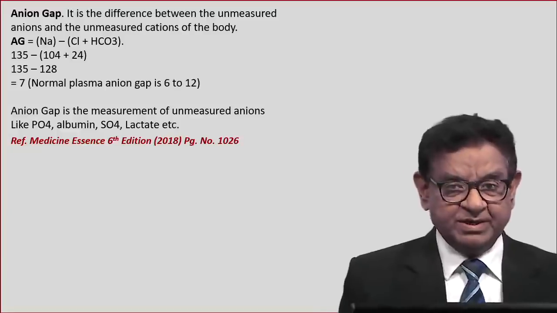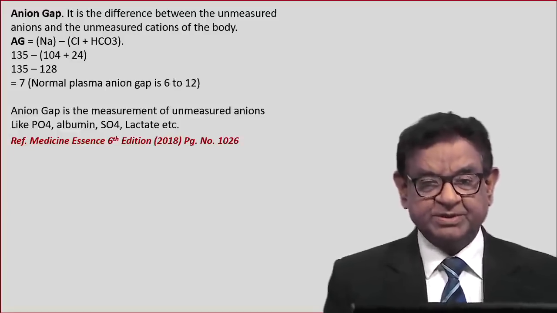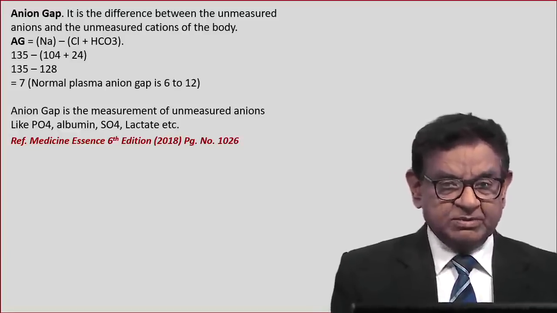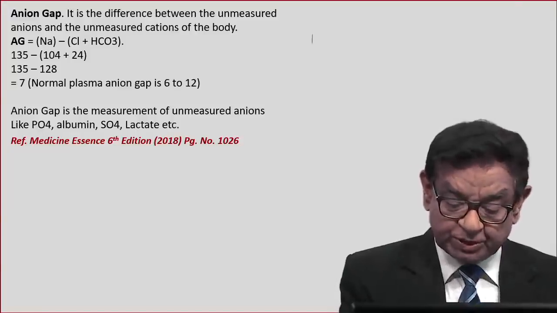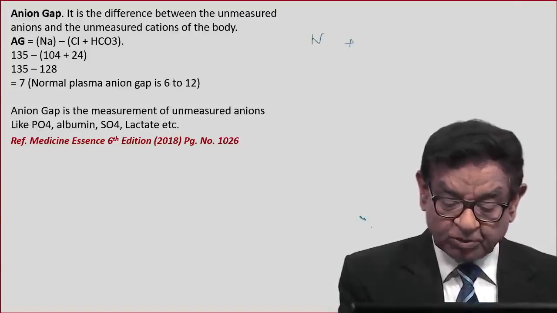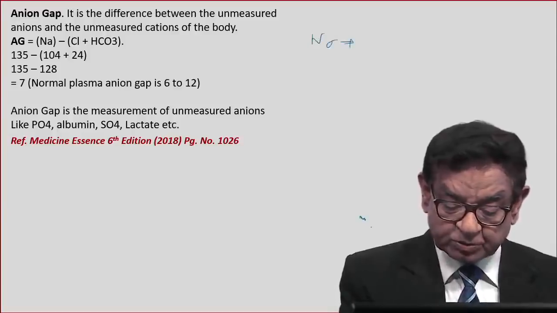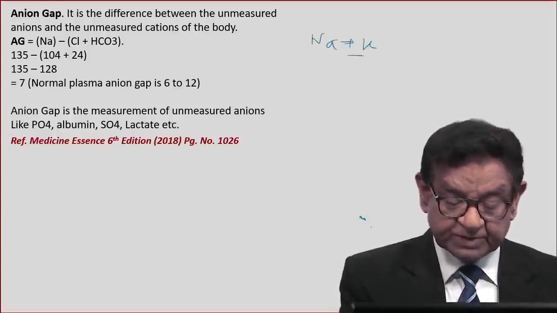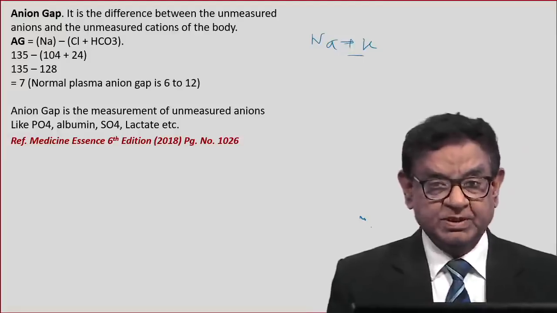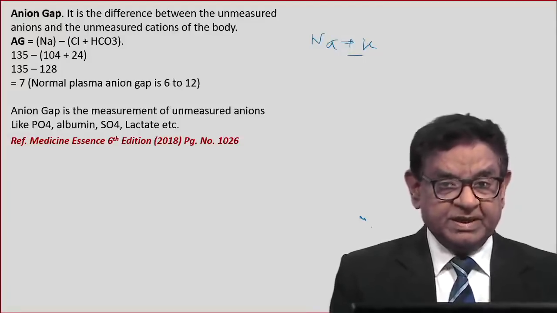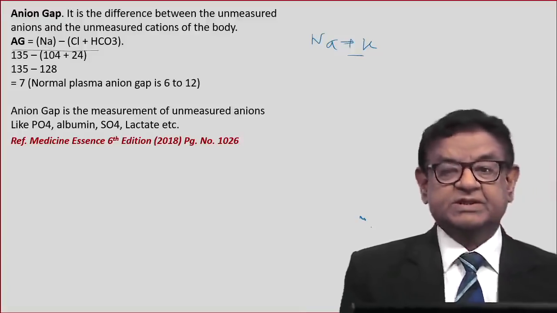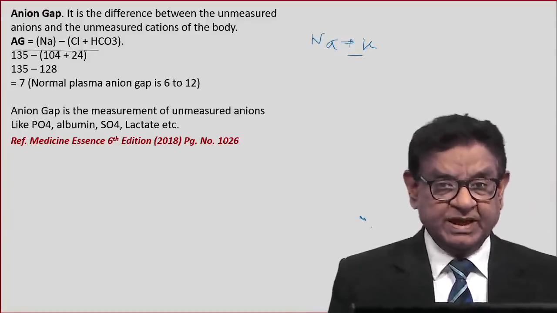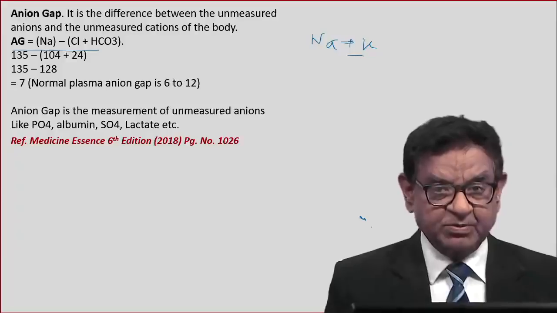I have not taken potassium into consideration, because some of the books write sodium plus potassium. They add potassium also. But the latest Harrison says only this formula. Since our examiner followed Harrison, I am writing using this formula.